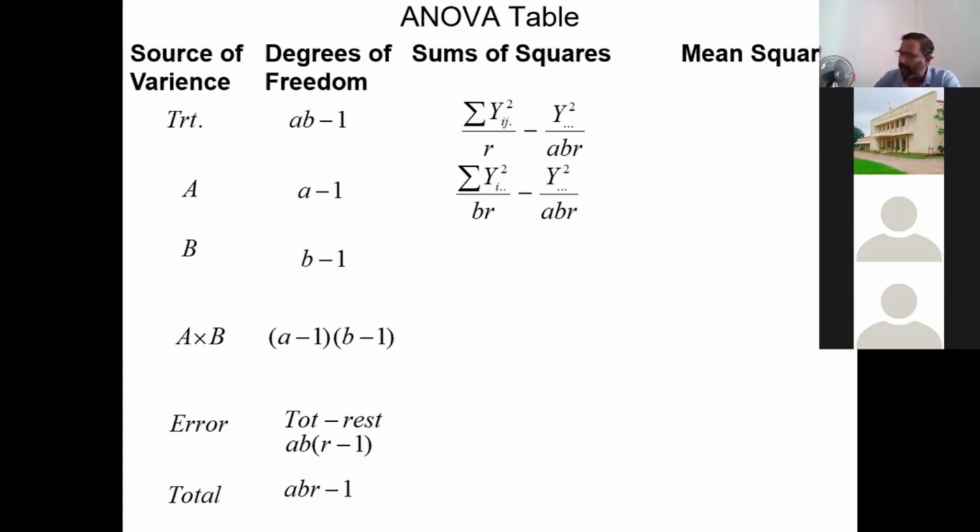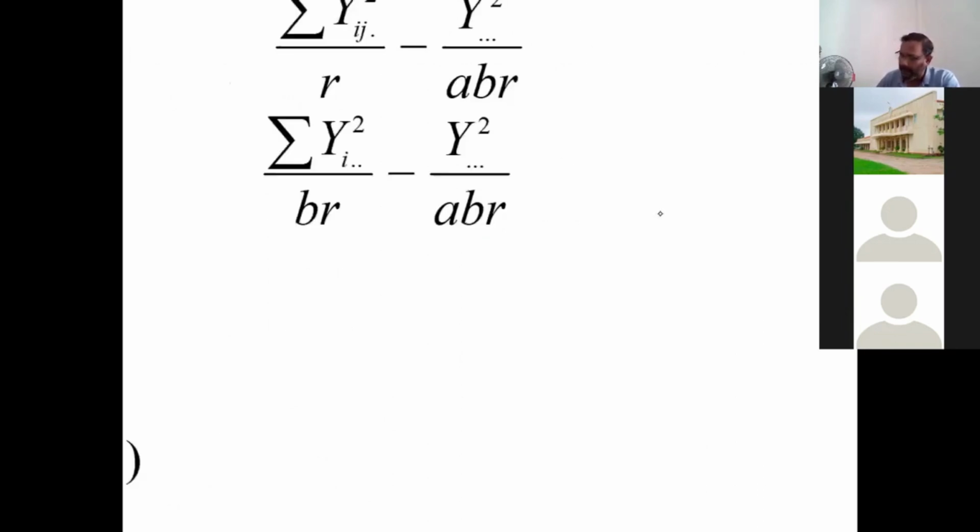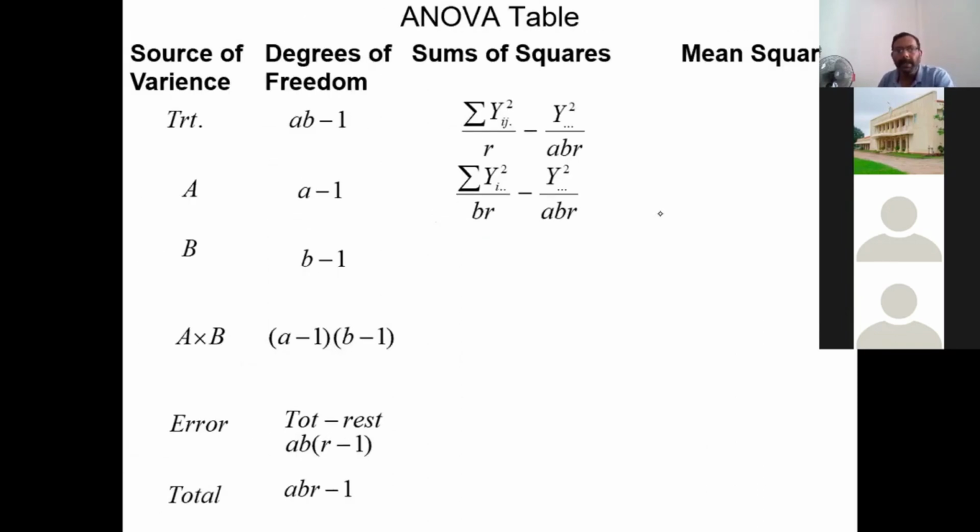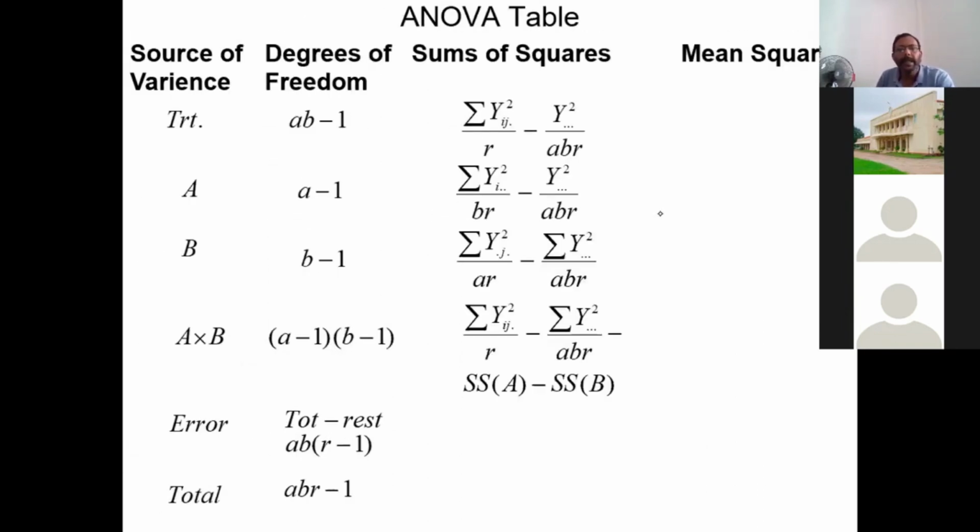Then the third one, factor B, is given as such. Write that down. We will do an in-class example.